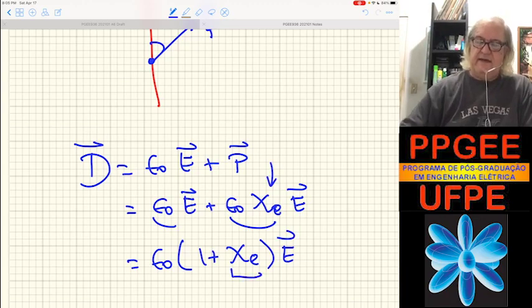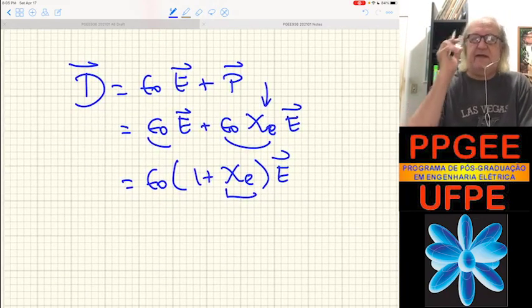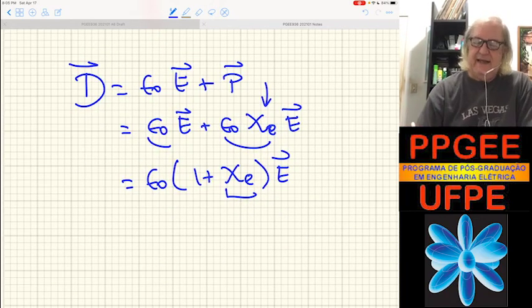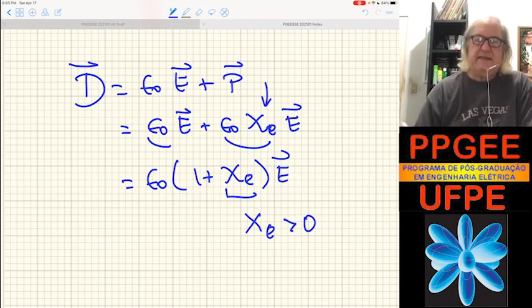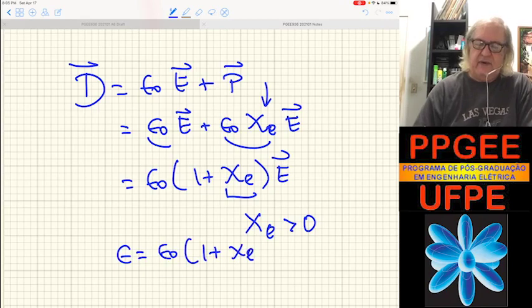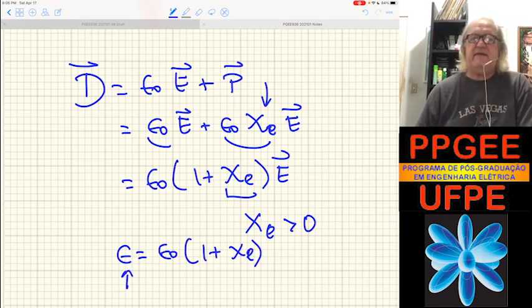So this is always a number. In general, for traditional dielectrics, the susceptibility is larger than 0. So this is called epsilon equals epsilon 0, 1 plus chi E. We call that the permittivity of the material, the electric permittivity.